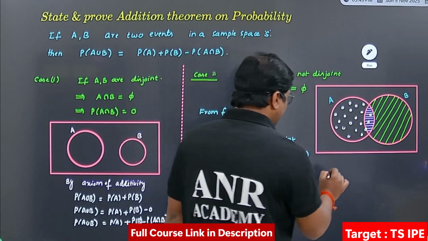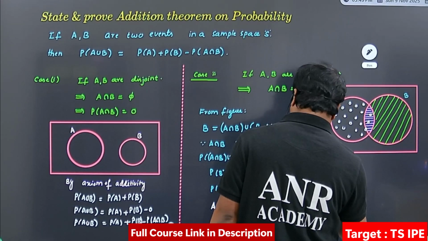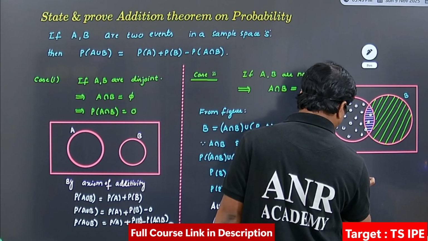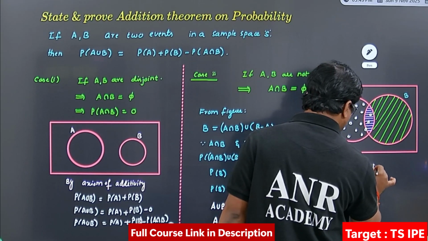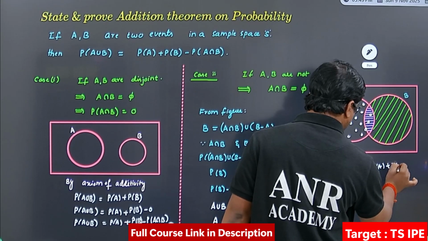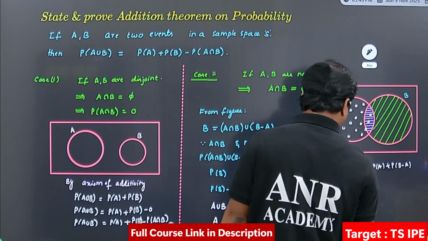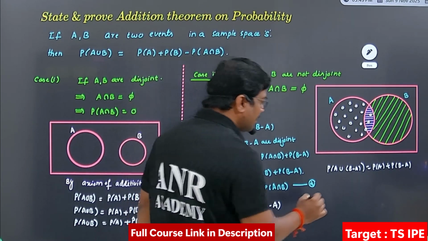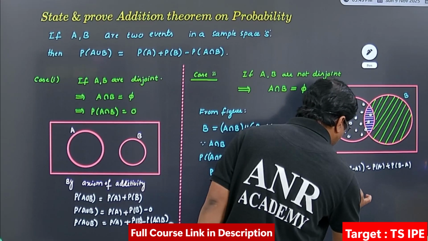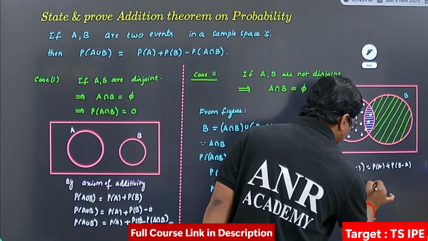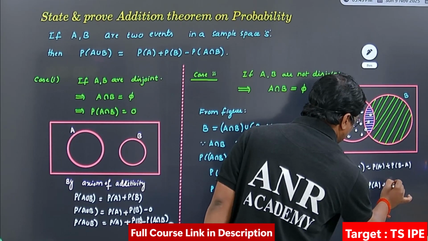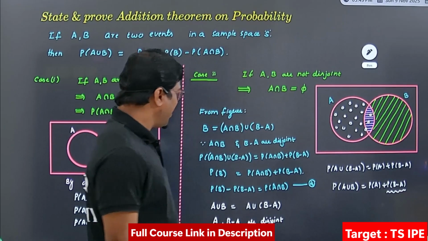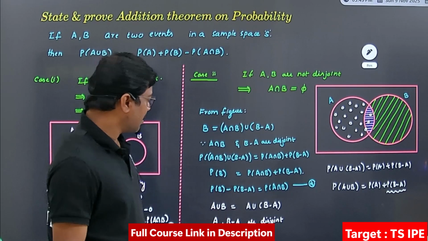When they are disjoint, union can be written as addition by axiom of additivity. Therefore I can write probability of A union B minus A written as P of A plus P of B minus A. But A union B minus A is A union B. Therefore here I can write probability of A union B is equal to P of A plus P of B minus A. Now you can replace probability of B minus A with star.